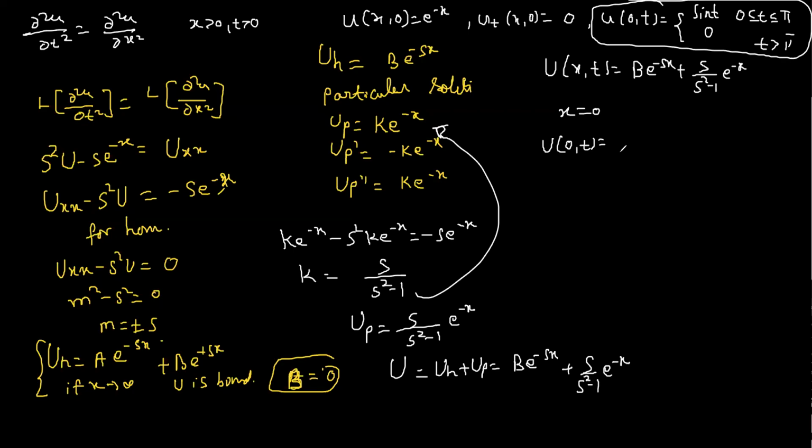Right? When you put 0, you will get 0 to 2 pi, 0 to pi e raised to minus st sin t. Write the formula est minus s square plus 1.